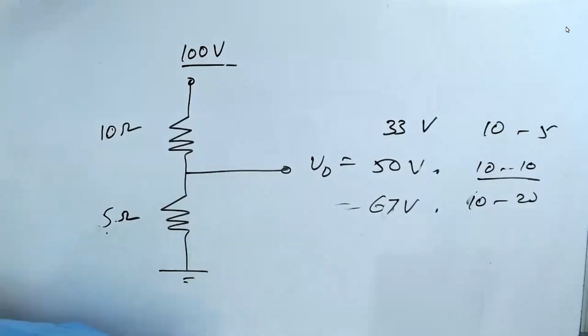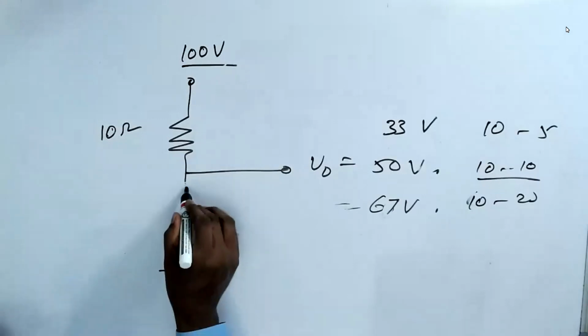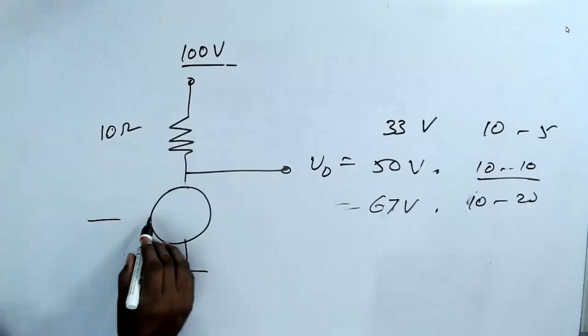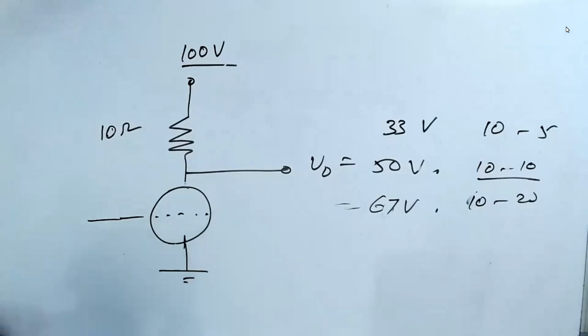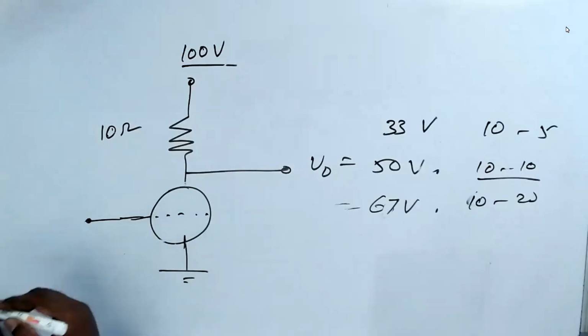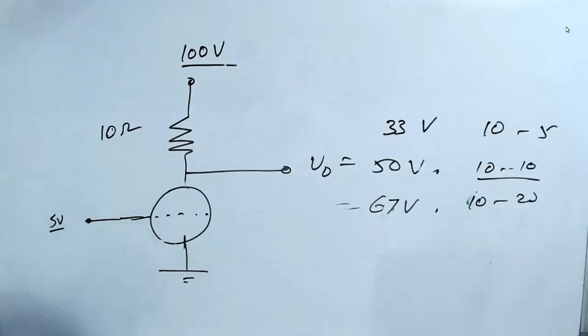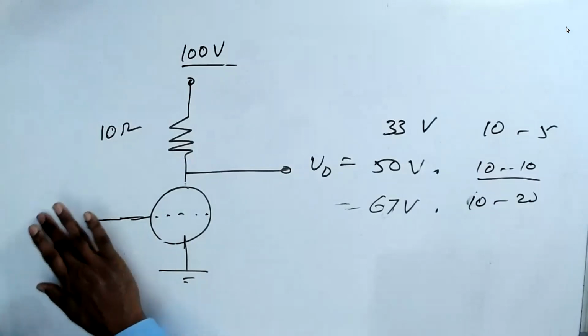Now what I did was replace this with a vacuum tube. I supply a voltage here. Let us assume I'm applying about minus 5 volt.